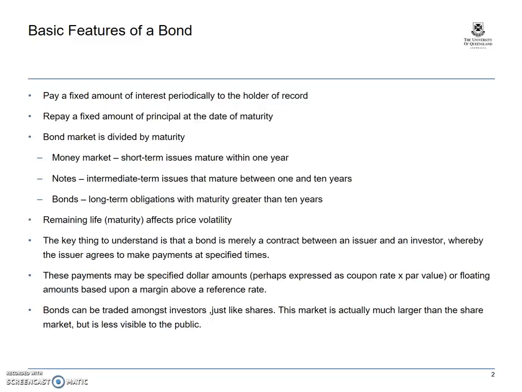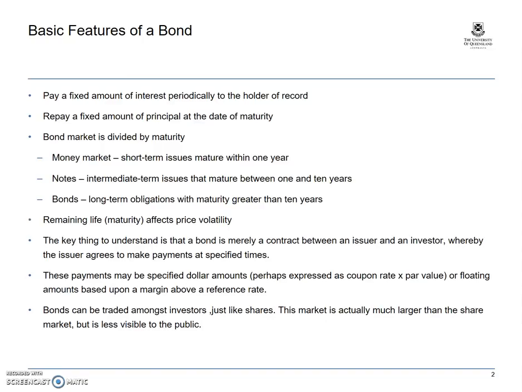What's important to note, and we'll look at this later in the class, when we're looking at the formula, it becomes apparent. The longer the maturity of a bond, the greater the price volatility. And when we cover the formulas, this will become apparent why. Key thing to understand with bonds is that a bond is merely a contract between an issuer and an investor, whereby the issuer agrees to make specific payments at specific times.